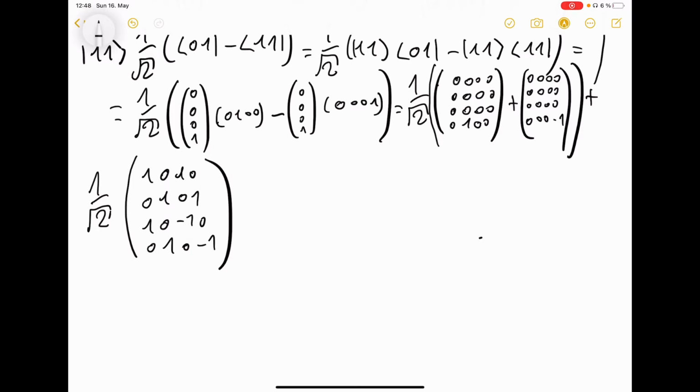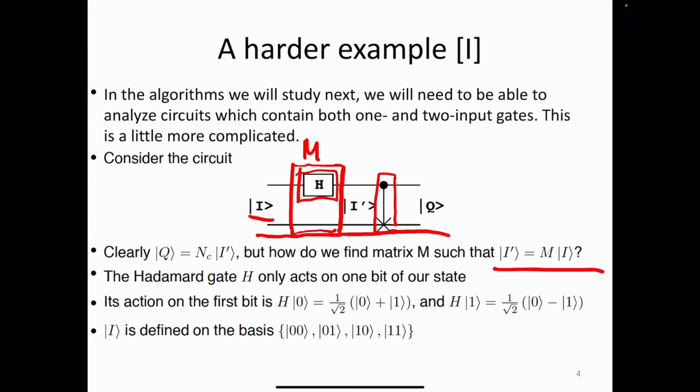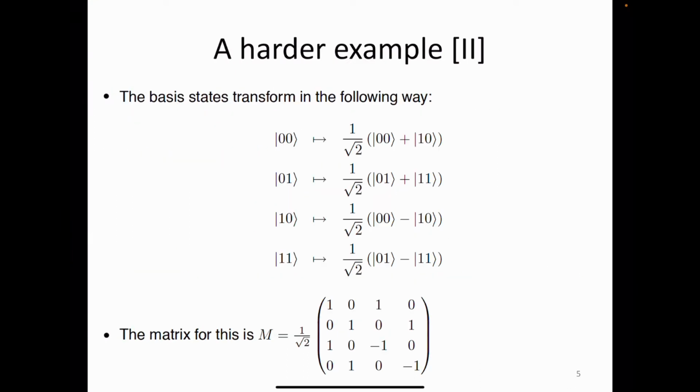All right, so that's how you get to the transformation M. Now, if we go back to the slides, here you can also see the result, which is hopefully identical to what we just produced.